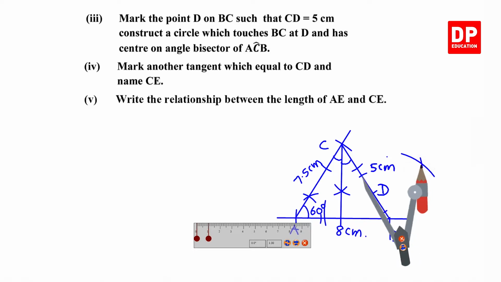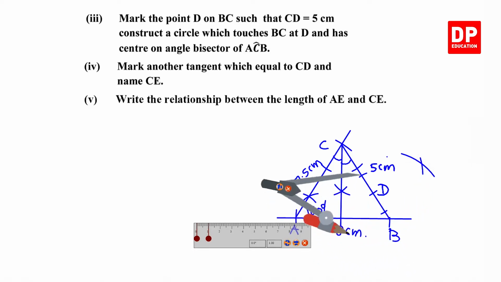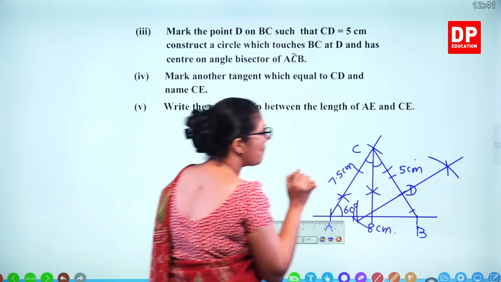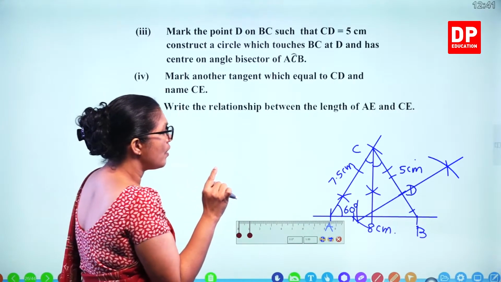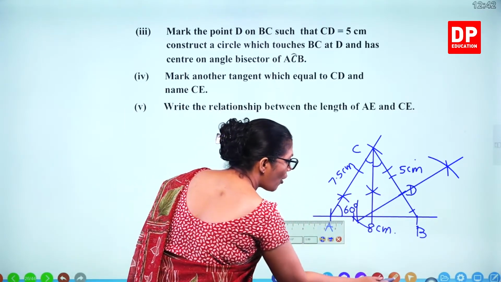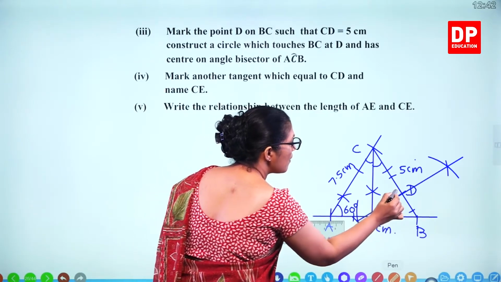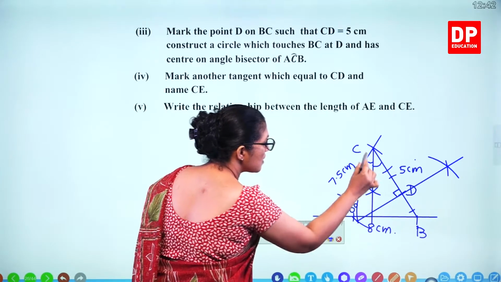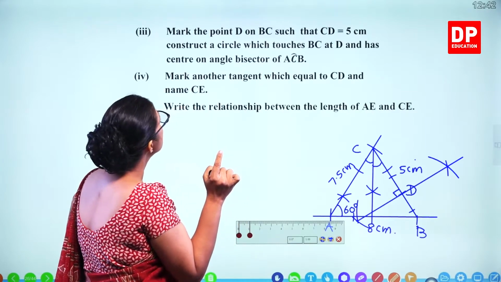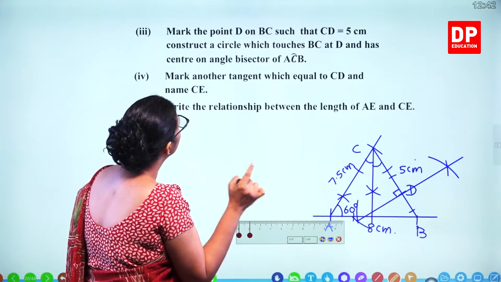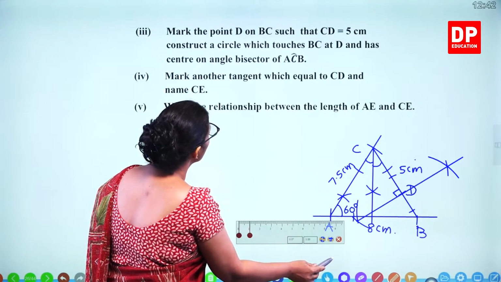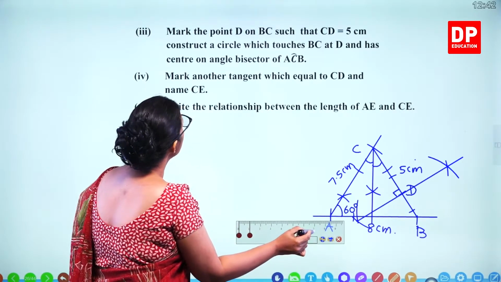So here and here. The intersecting points you can connect, this one and this one. So that's the perpendicular drawn, and the intersecting point of the perpendicular and this angle bisector is the center. So the center is that.